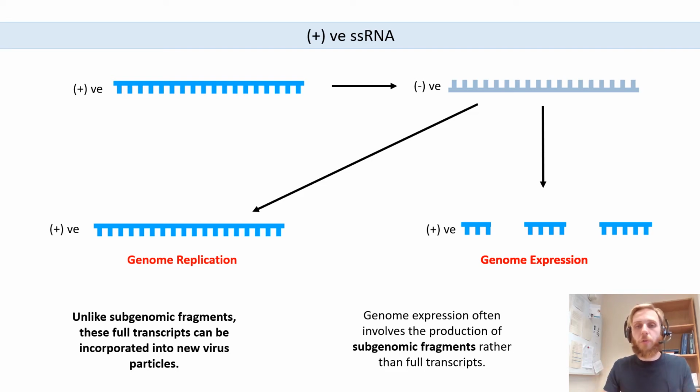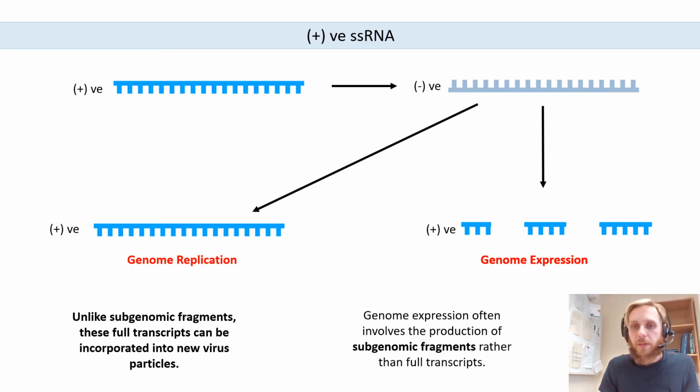However, there's no role for subgenomic fragments. Subgenomic fragments just aren't made in the case of poliovirus. In this example, however, they are made, and these subgenomic fragments define the genomic expression portion. Full-length fragments define the genome replication portion.